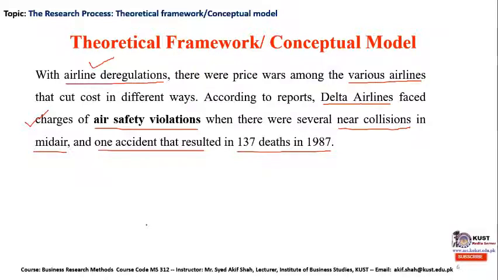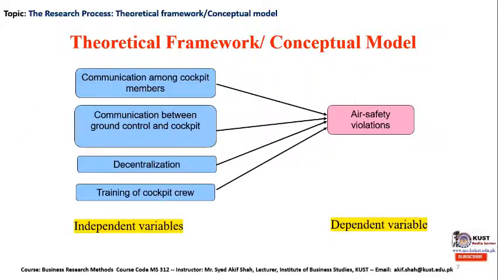In my recommended book, you can find the relevant case regarding Delta Airlines, and you can read thoroughly how a researcher has developed a good theoretical framework, as we are discussing here.